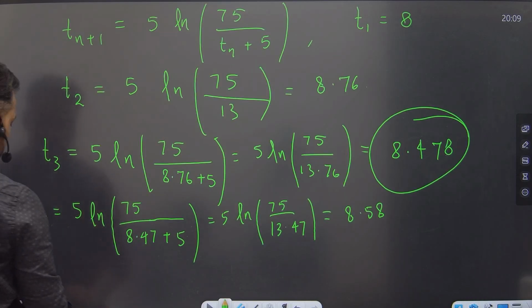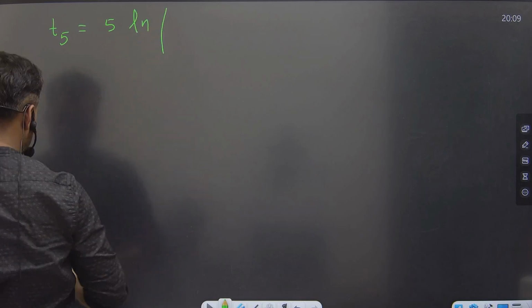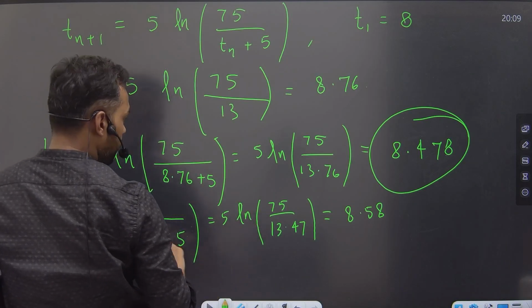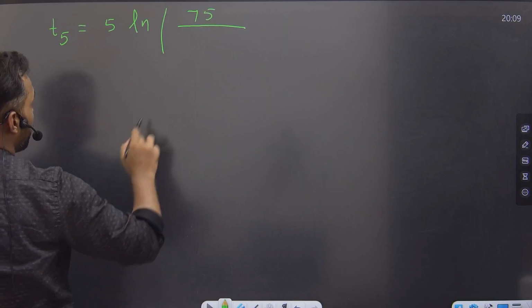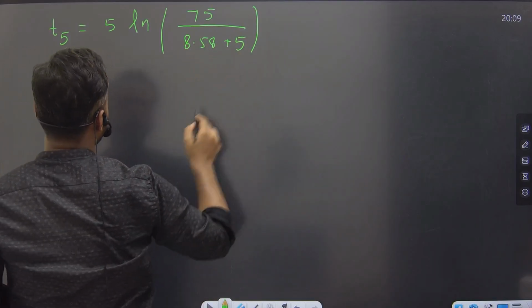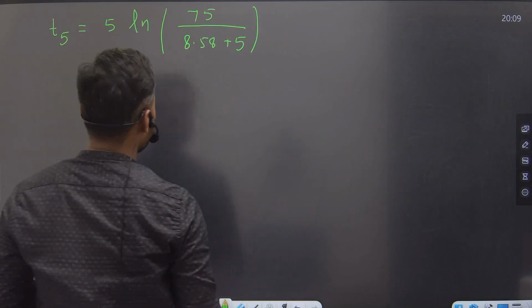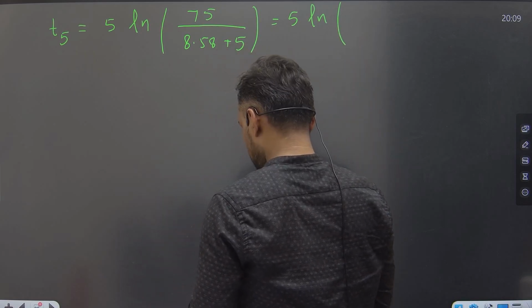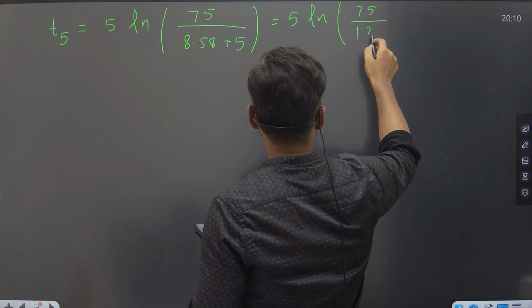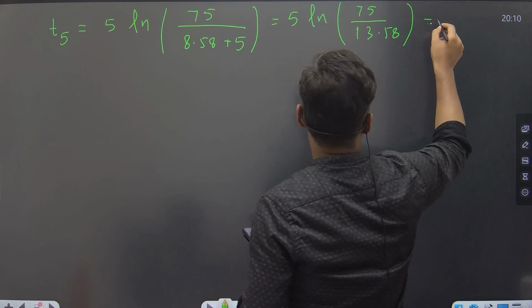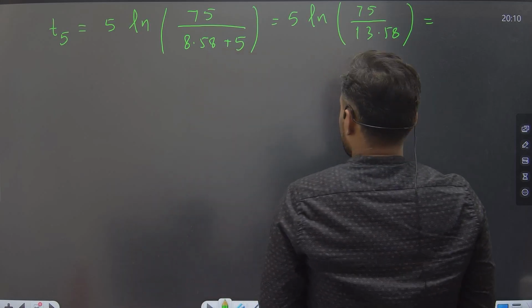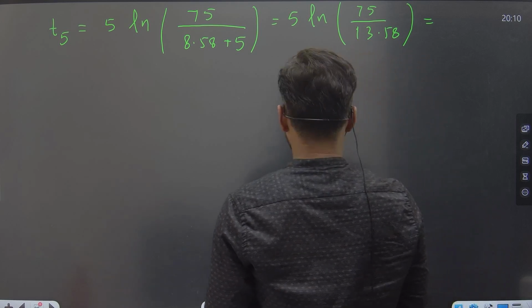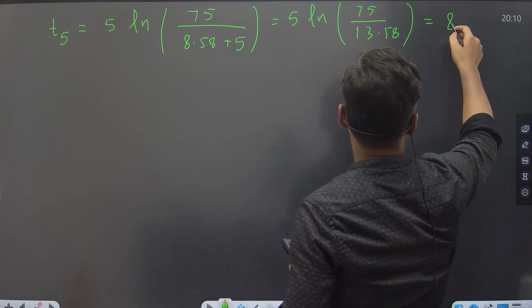For t5 the same process needs to be repeated: 5 ln(75/(t4 + 5)), where t4 we have got as 8.58. So 8.58 plus 5 will be equal to 13.58, and 5 times ln(75/13.58), that is 1.708, times 5, will be equal to 8.54.